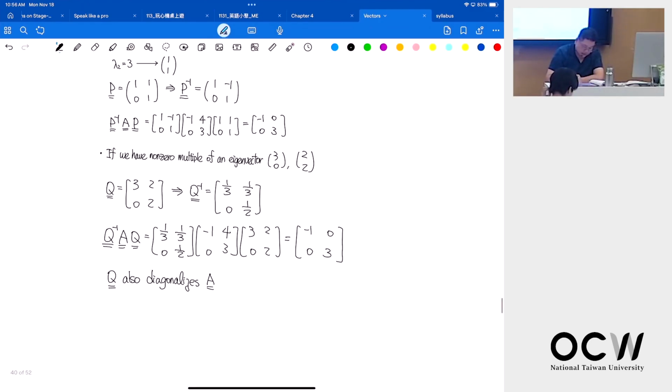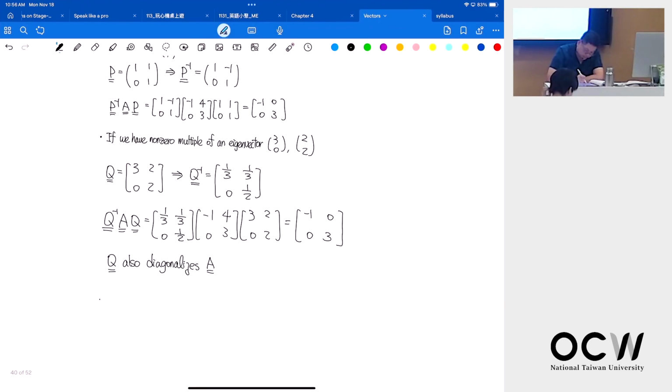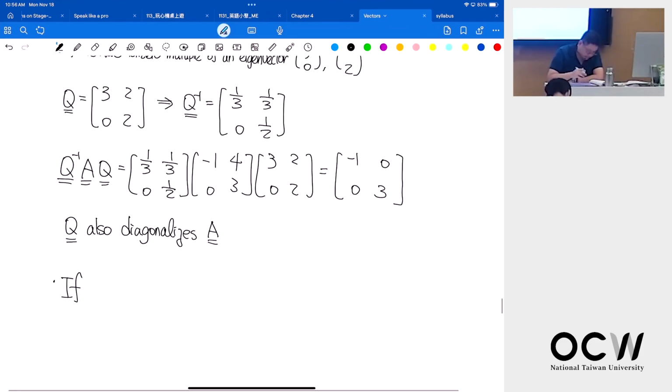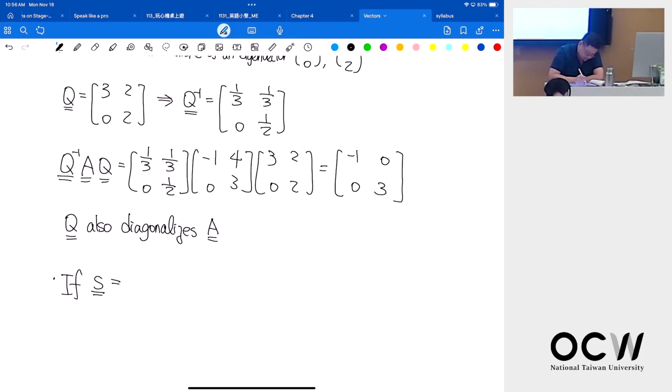Then let me ask you, if I have a matrix S, it's 1, 1, 1, 0, then what is S inverse A S?